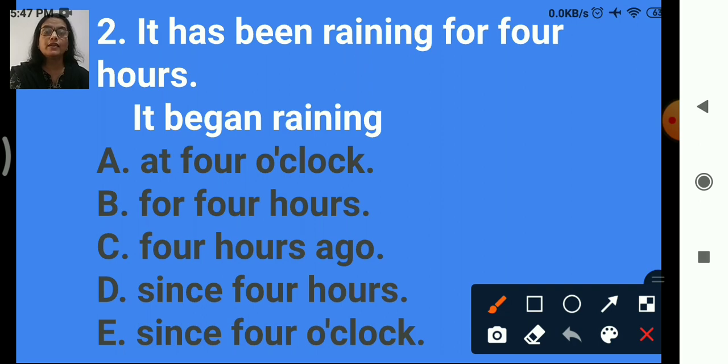So what? It began raining. It has been raining for 4 hours. So the answer will be, it began raining 4 hours ago. Right?